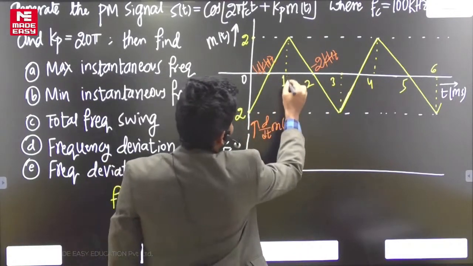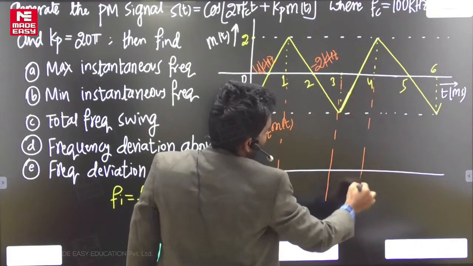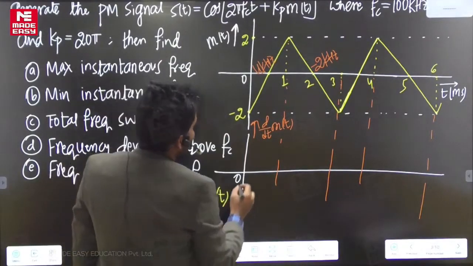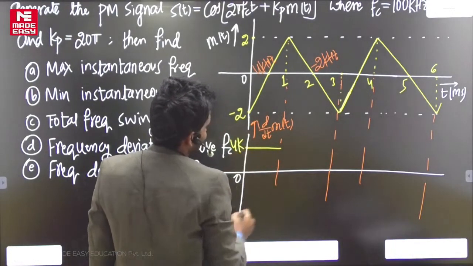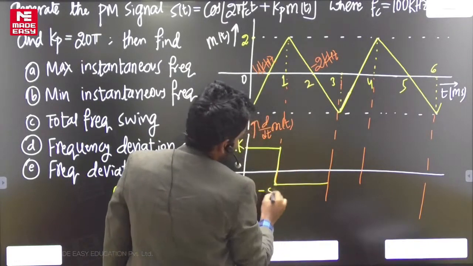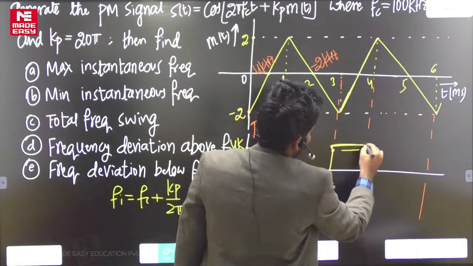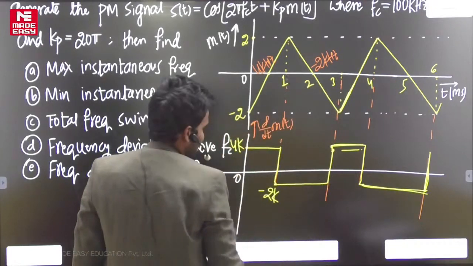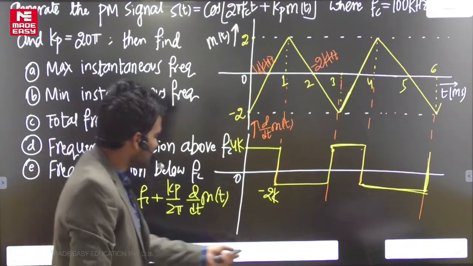So if you plot the differentiation of m(t), it is 4 kilohertz, then minus 2 kilohertz, then 4 kilohertz, then minus 2 kilohertz, and it goes on like this. So this is the differentiation of m(t) that we got.